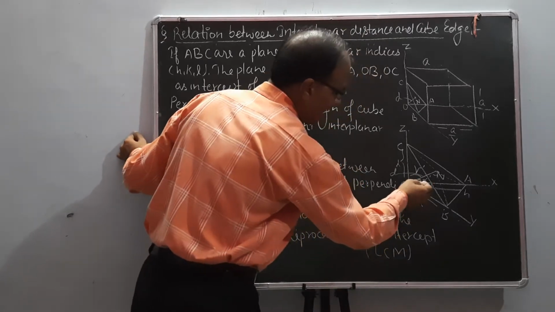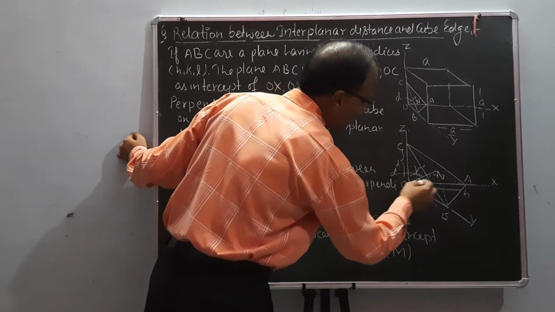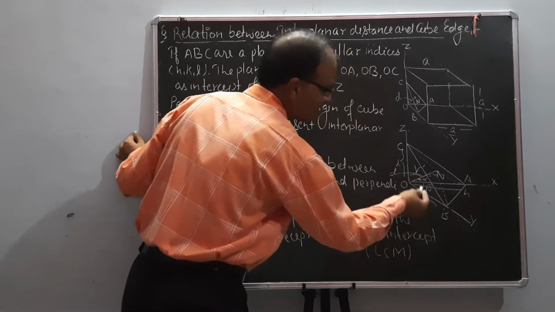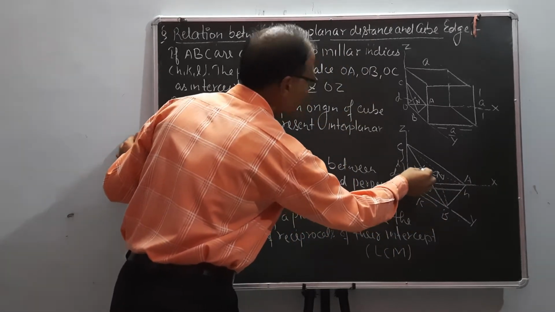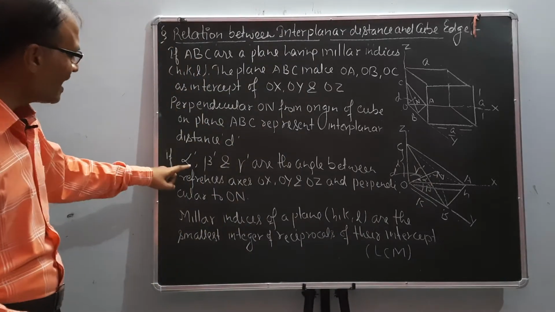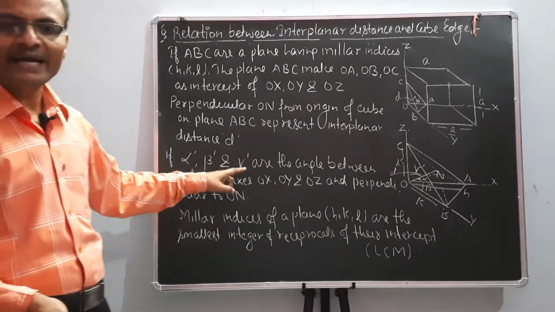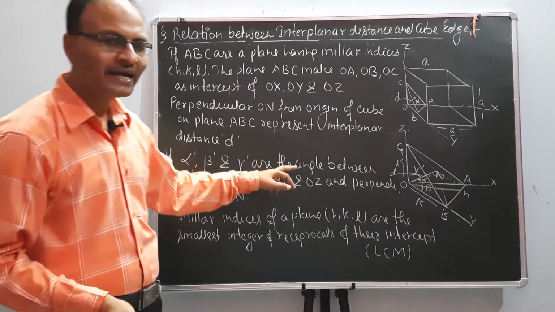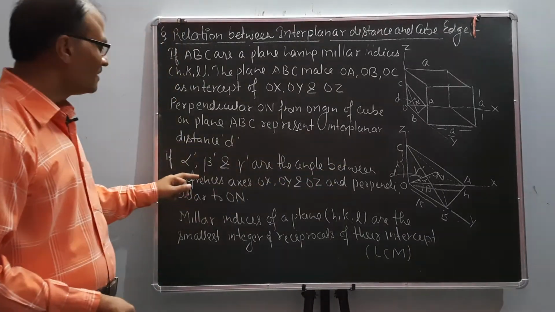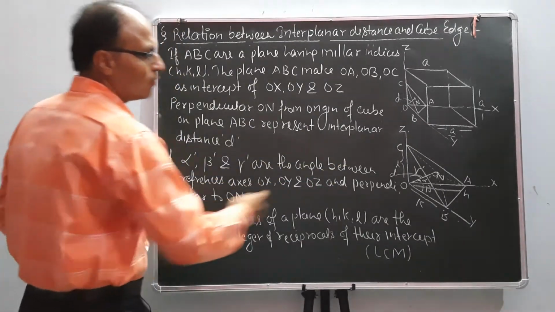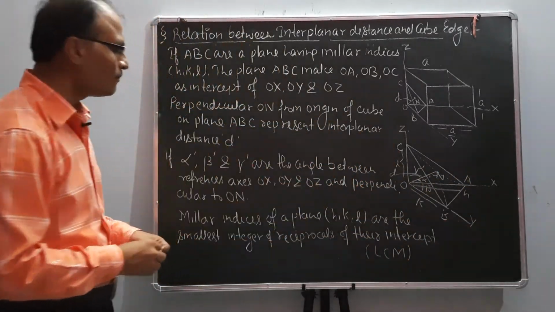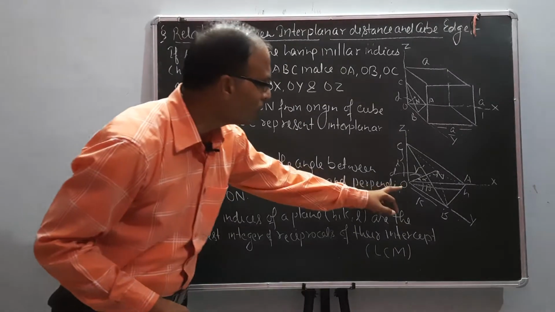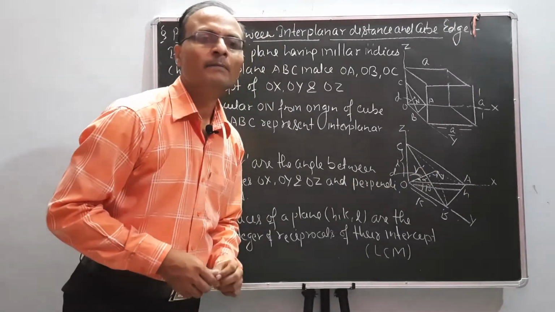And the angles the perpendicular makes with the x-axis is alpha dash, with the y-axis beta dash and with the z-axis gamma dash. So alpha dash, beta dash and gamma dash are the angles between the reference axes OX, OY and OZ and the perpendicular ON.